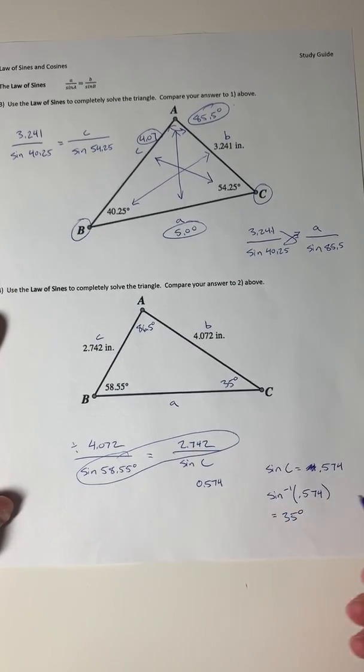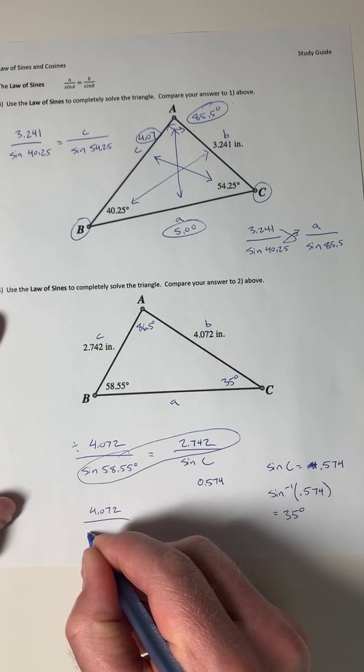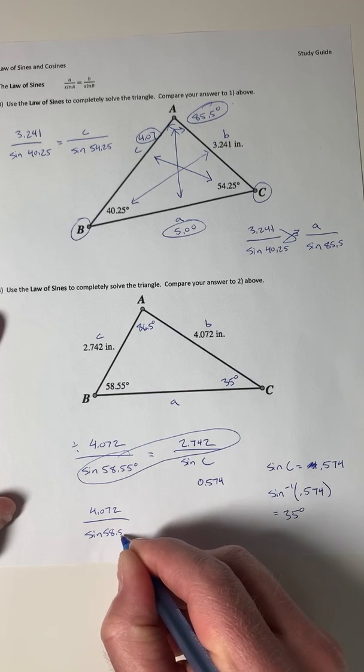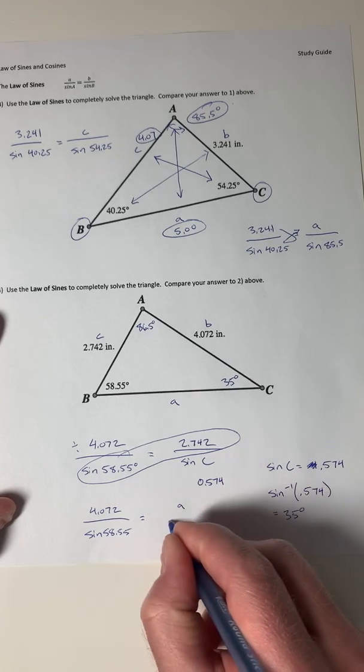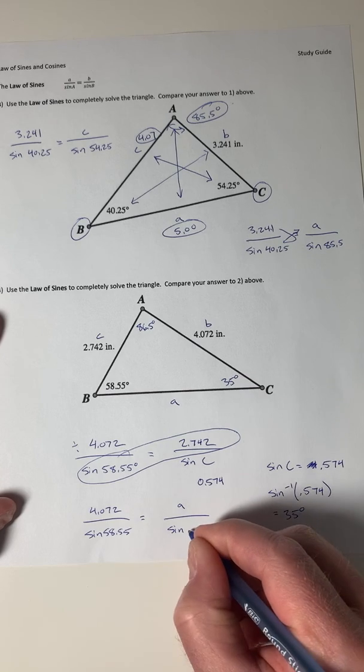One more proportion here. We'll go back to 4.072 over the sine of 58.55. And now I'm going to say that that's equal to A over the sine of 86.5.